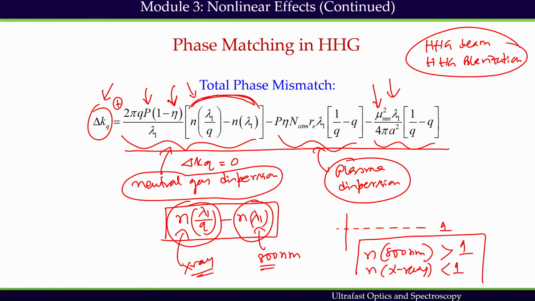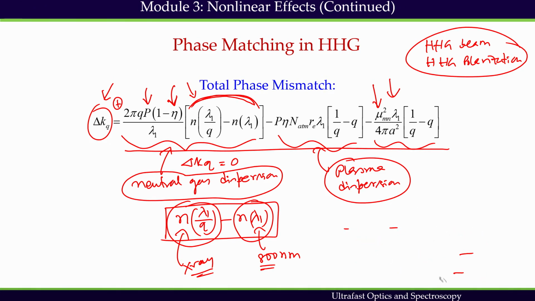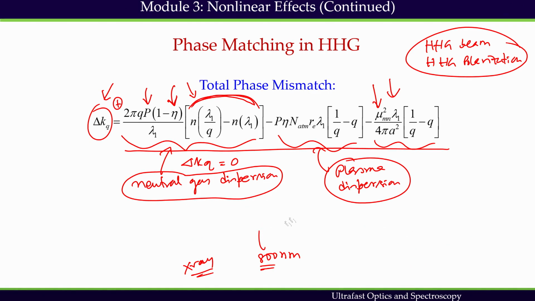We will not discuss those X-ray optics immediately, but what we see is that this refractive index difference in the neutral gas dispersion is a negative term, and because it's negative, the neutral gas dispersion finally becomes negative.